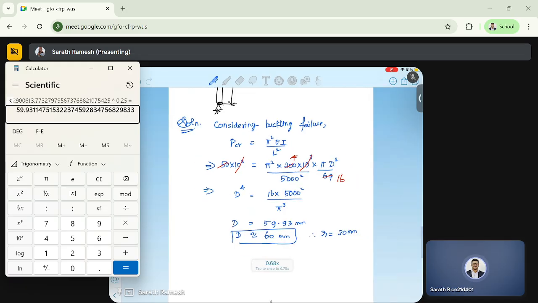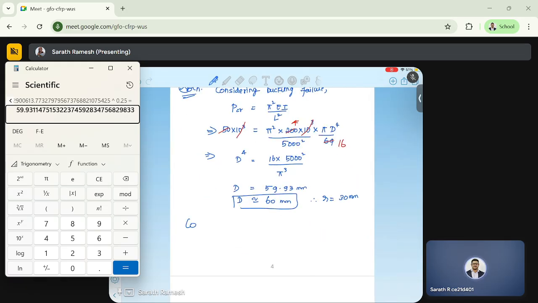Right. So let's also check the yielding failure. Now, what is this sigma critical, which is this P by A? P critical by A, so 50 into 10 power 3 by pi by 4 D square.